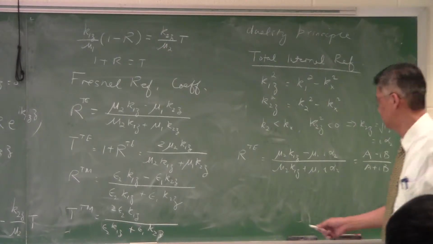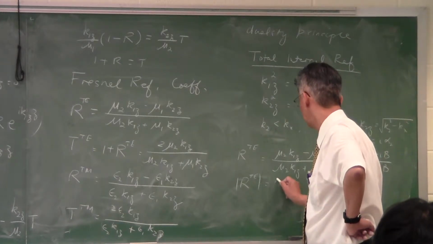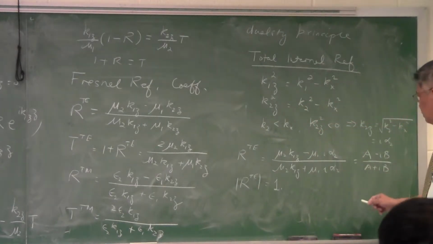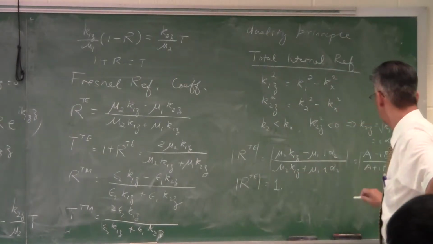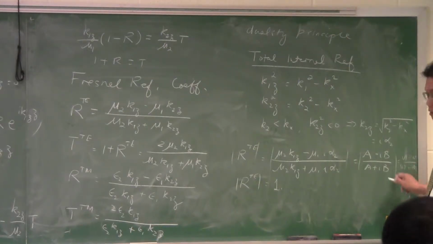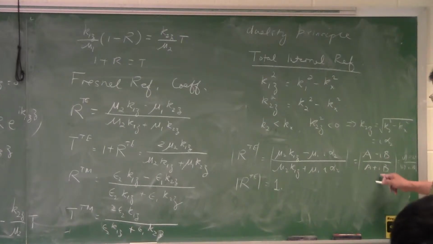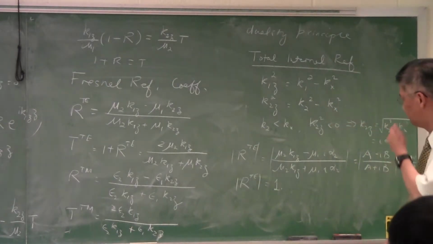So if you take the magnitude of this complex number, it is always equal to 1, because the magnitude of the numerator over the denominator are the same. So the reflection coefficient will always have an amplitude of 1.